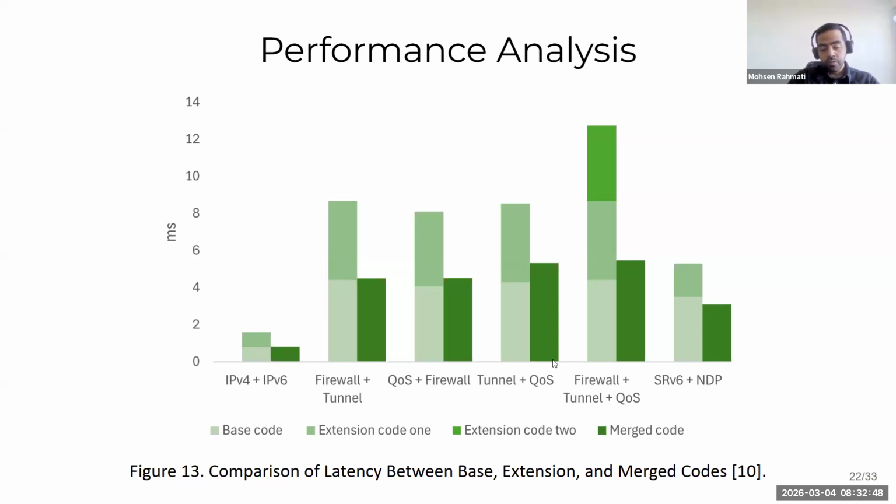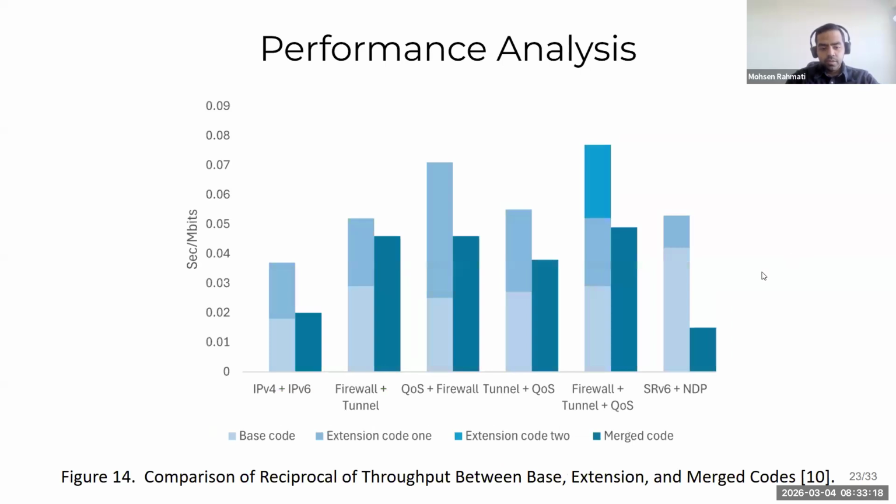I need to mention that for individual code, in the first row, we run, for example, IP version 4 and then we run IP version 6. And for the second row, we run the merge code, IP version 6 and IP version 4. This is for latency, and this is for reciprocal throughput.